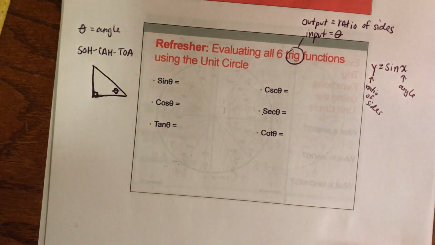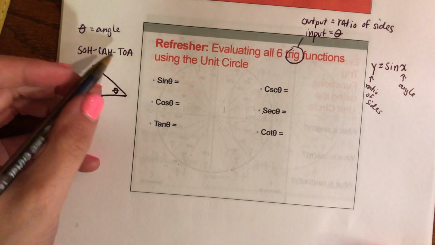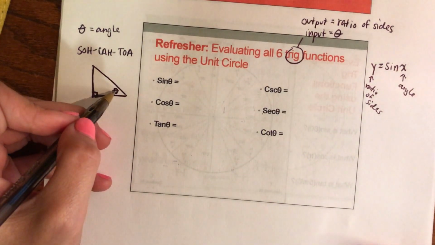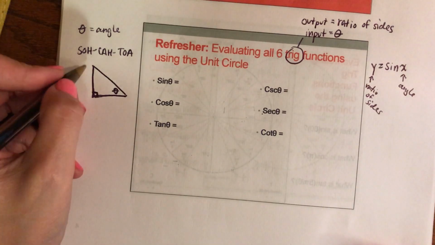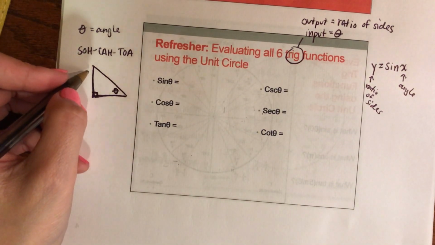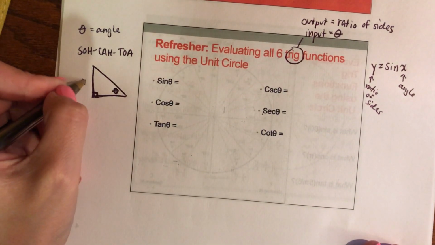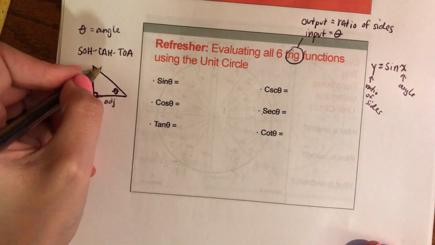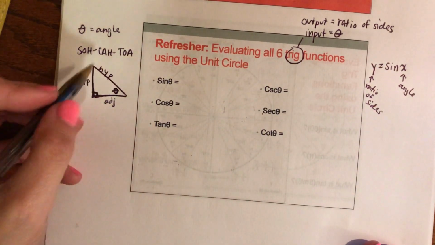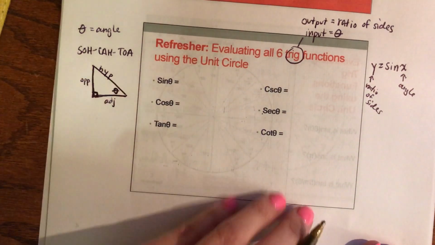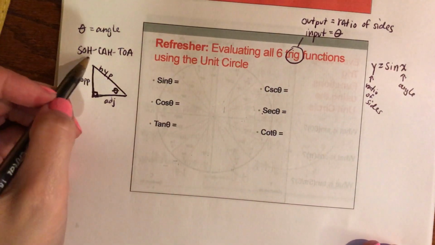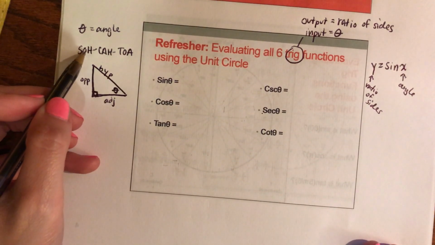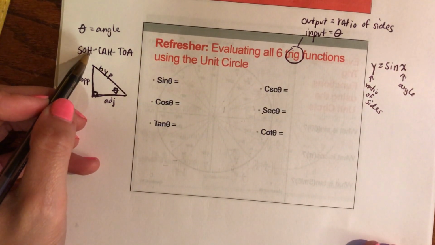So looking here, from this angle's perspective, we've got a side opposite and a side adjacent. This will always be the hypotenuse. The hypotenuse is always located across from the right angle. So we're just going to refresh our memory here. Sine of theta is opposite divided by hypotenuse.